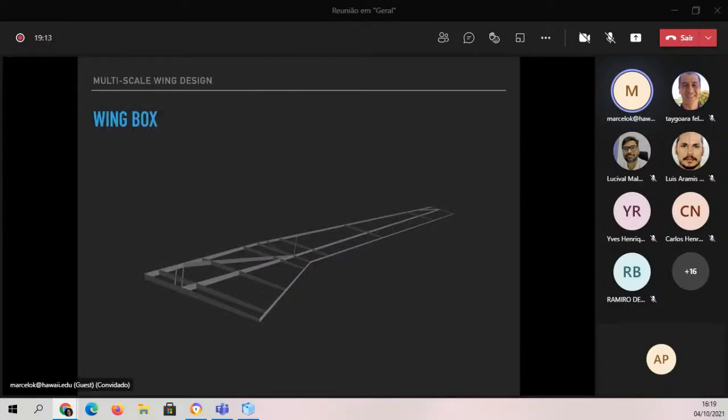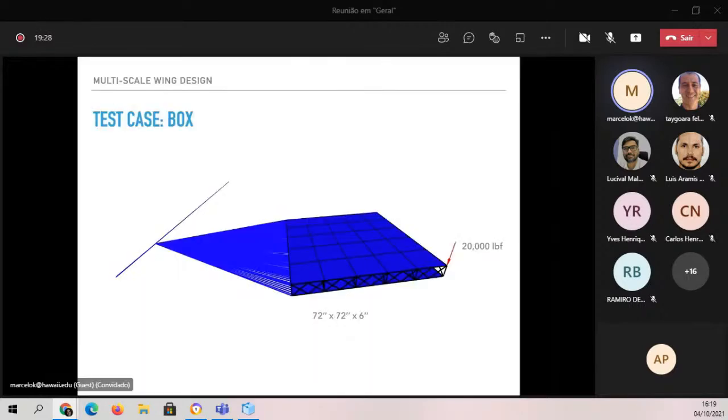This is a 3% thickness wing, so it's 3% of the chord. So it's a relatively thin wing, and so what you have at the level of the substructure of the spars and ribs is a much smaller scale. And so that's the scale that we're putting trusses in now, as you can see here.